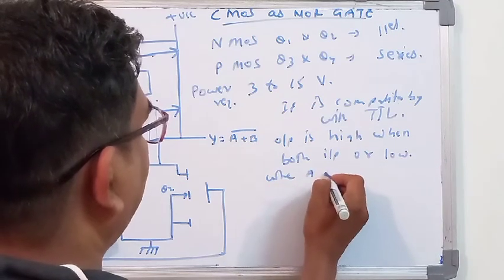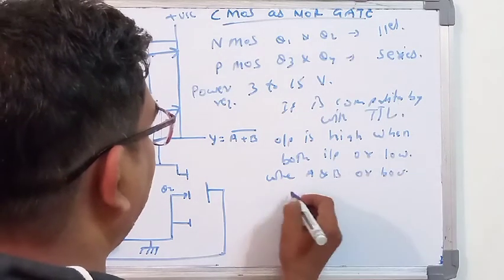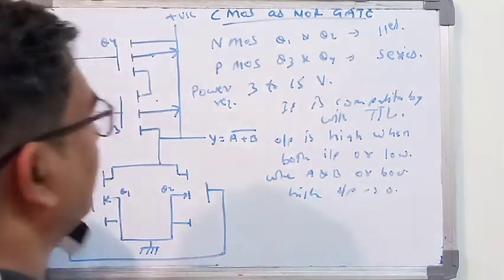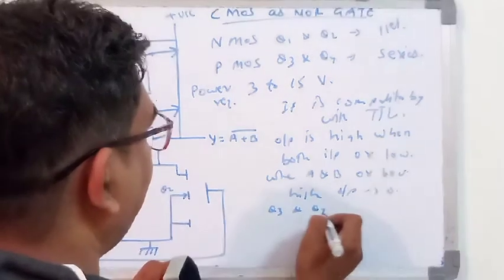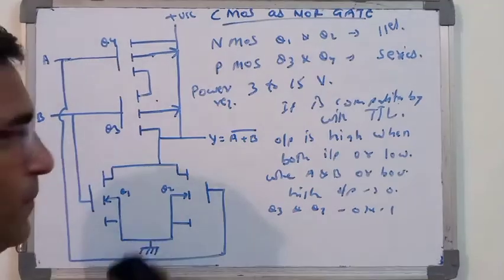When A and B, both inputs, are high, the output is equal to 0. Okay, as soon as Q3 and Q4 are on, you will get the value as 1.